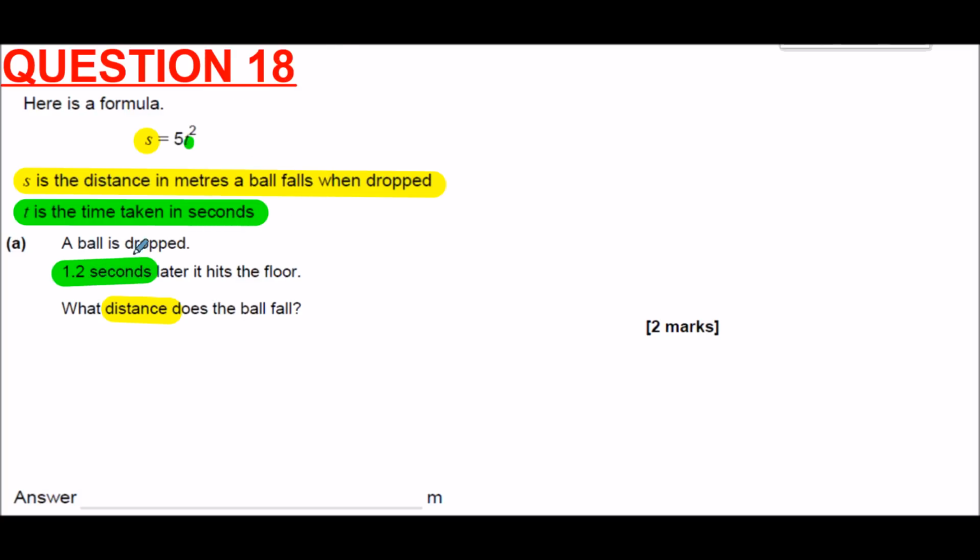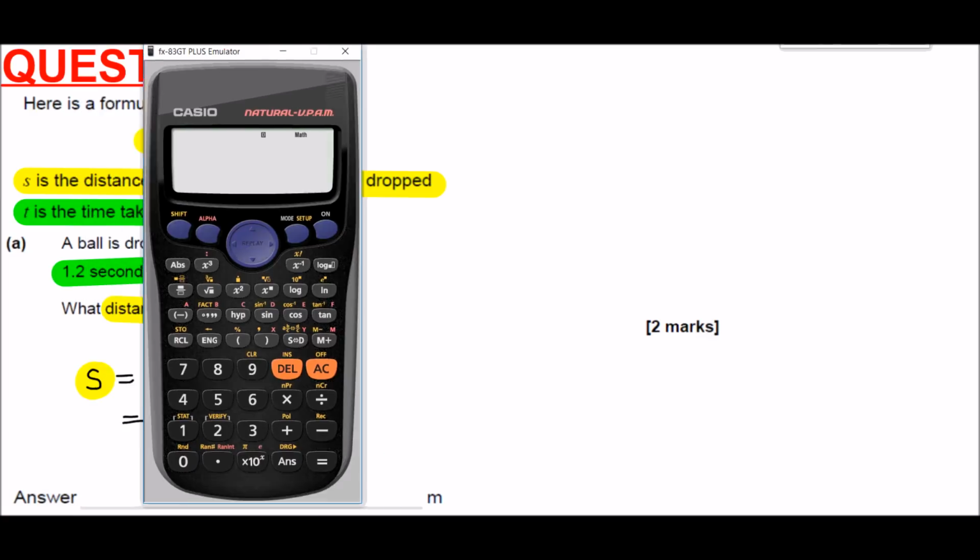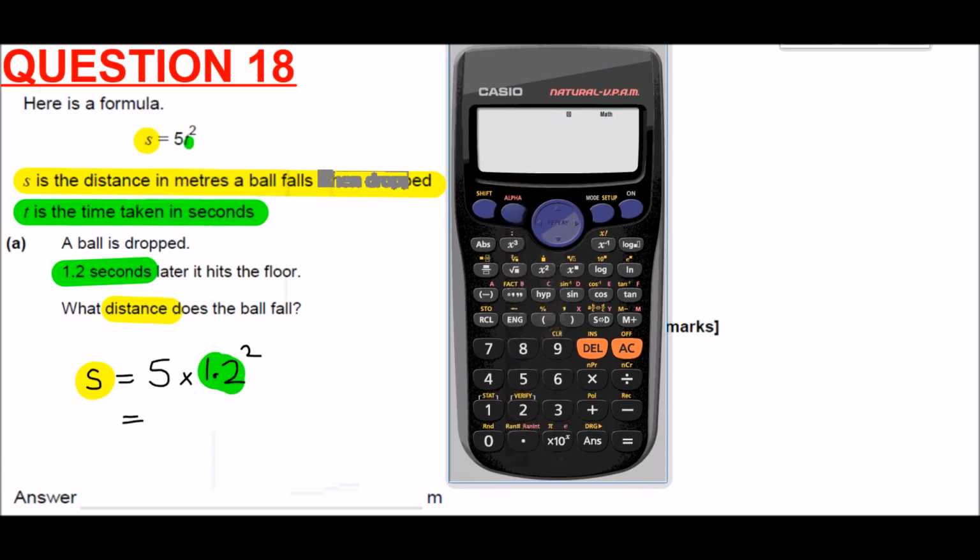And so in our case, S, the distance, equals 5 multiplied by 1.2 squared, which should be easy enough to do on a calculator.